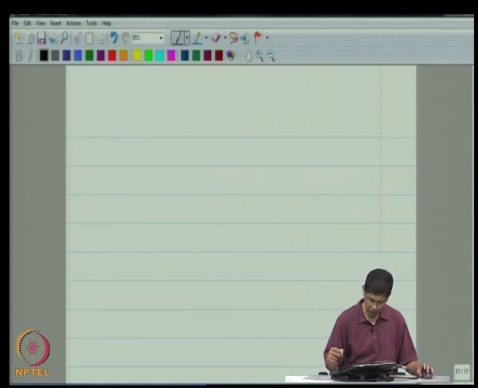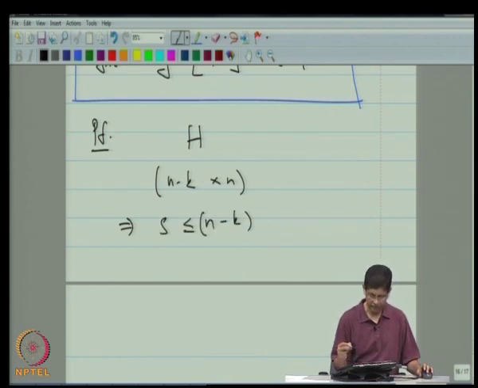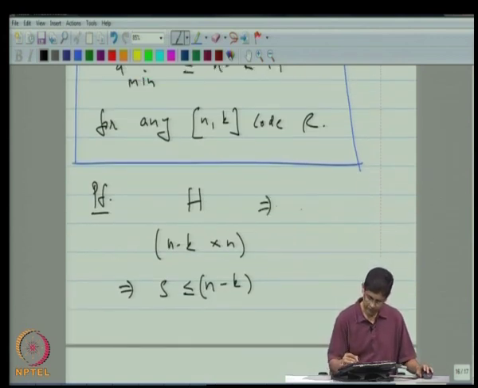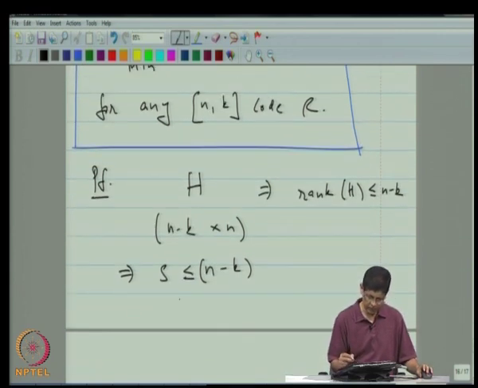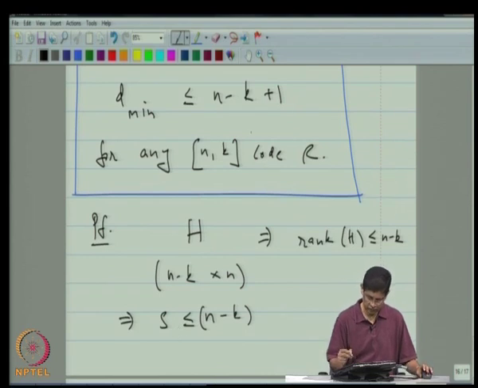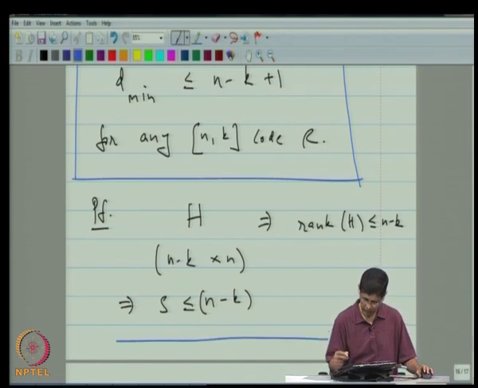So it follows from the size of H that s cannot be any bigger than n minus k, because you know that the rank of H is less than or equal to n minus k. So from this it follows that d min is at most s plus 1, so it is at most this. So that is the proof.